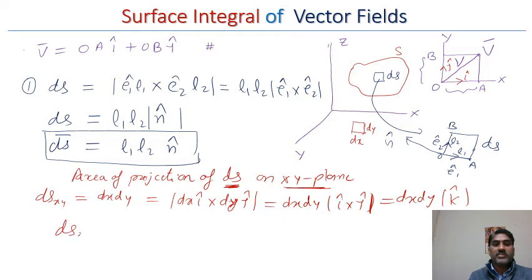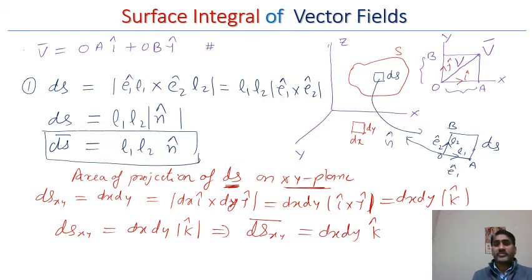So ds xy is dx dy, this magnitude, and therefore the vectorial form can be denoted as ds xy equal to dx dy k.